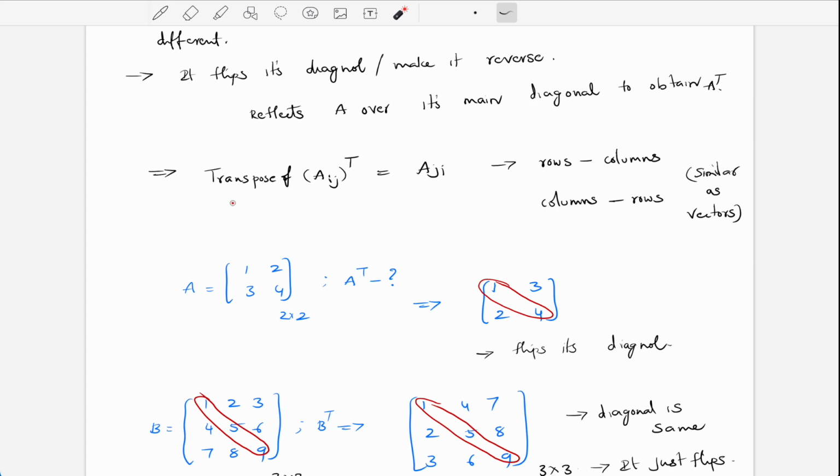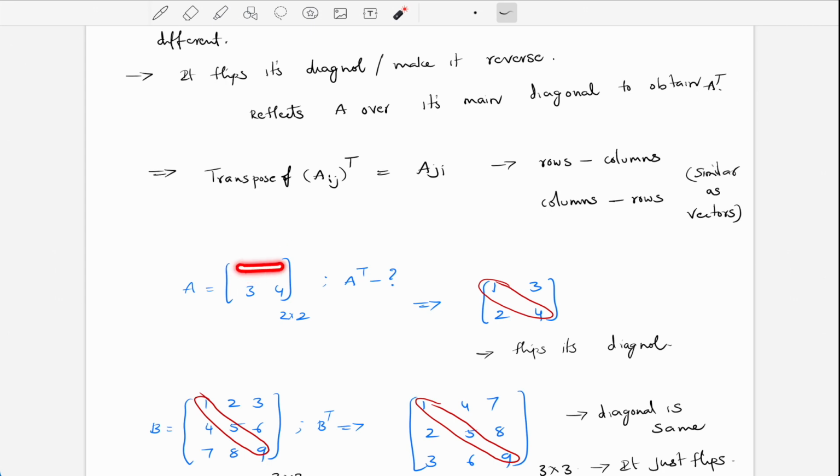So the transpose is a mathematical formula, like the transpose of aij. You might think, what is aij? Nothing special, bro. aij means the ith row and jth column. If i is 1 and j is 1, the first row and first column entry is 1, so the answer is 1.